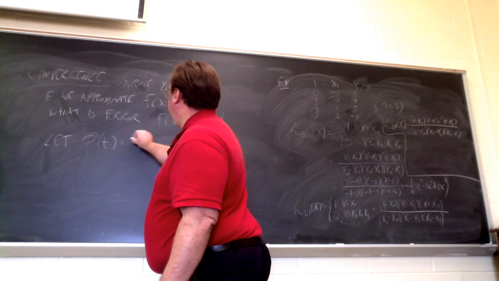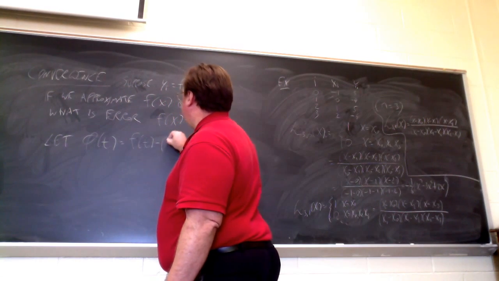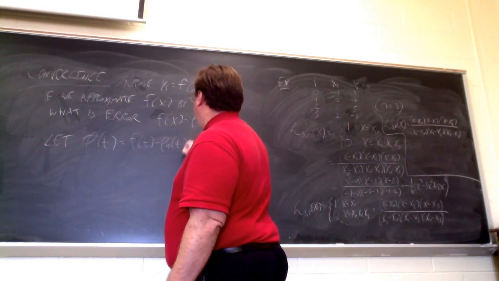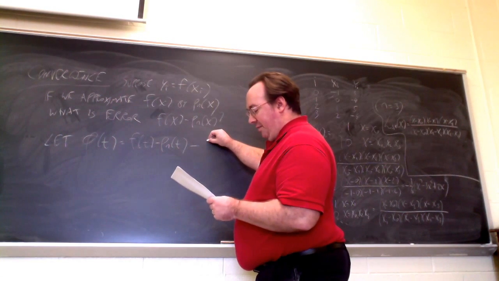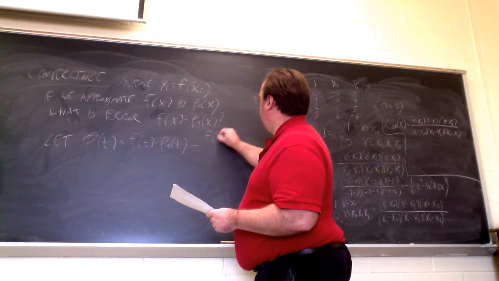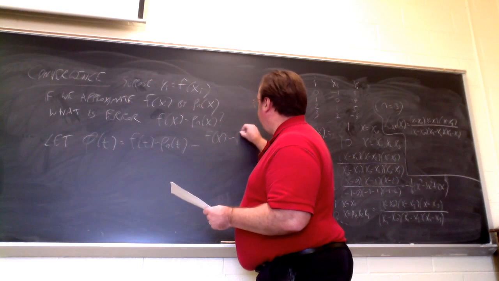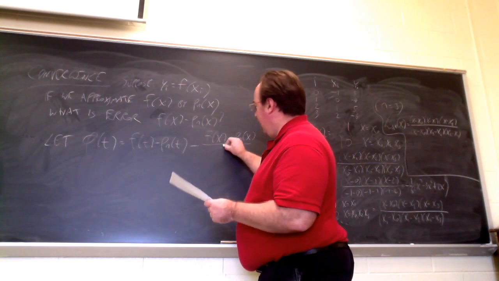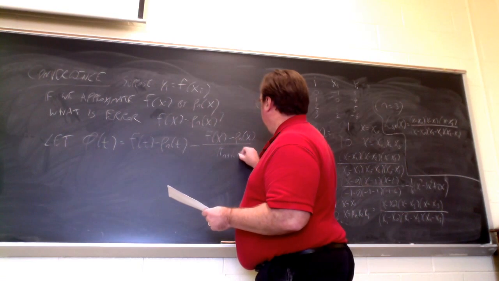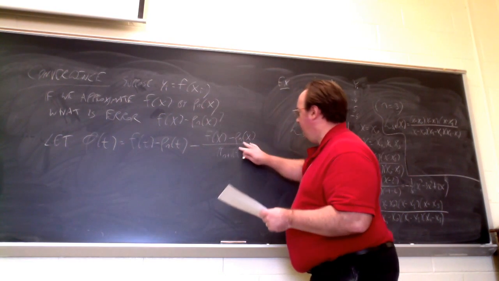It's equal to the error as a function of t. And then I have this expression where I have f of x minus Pn of x. But then I divide by, this is of x.